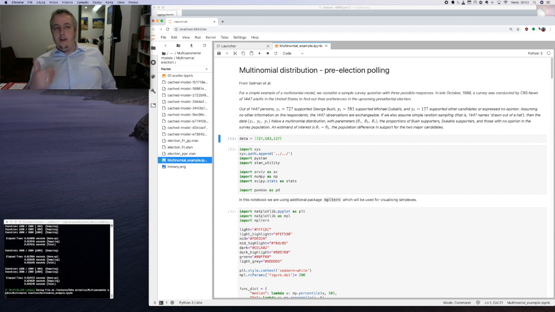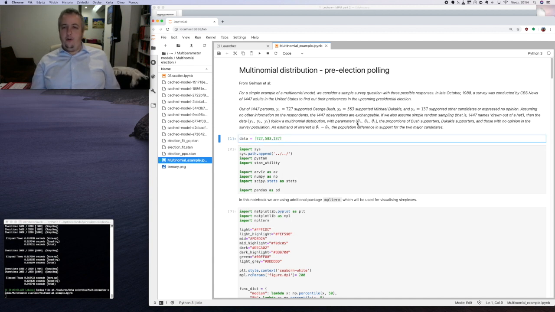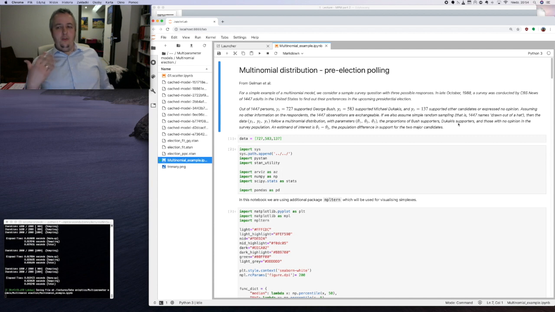We have our data set of 3 results. We are interested in 3 parameters, so the probabilities of each voting situation. We assume we have a random sampling of our population, so we get, let's say, representative data, which will follow the multinomial distribution, which is the model of our interest.